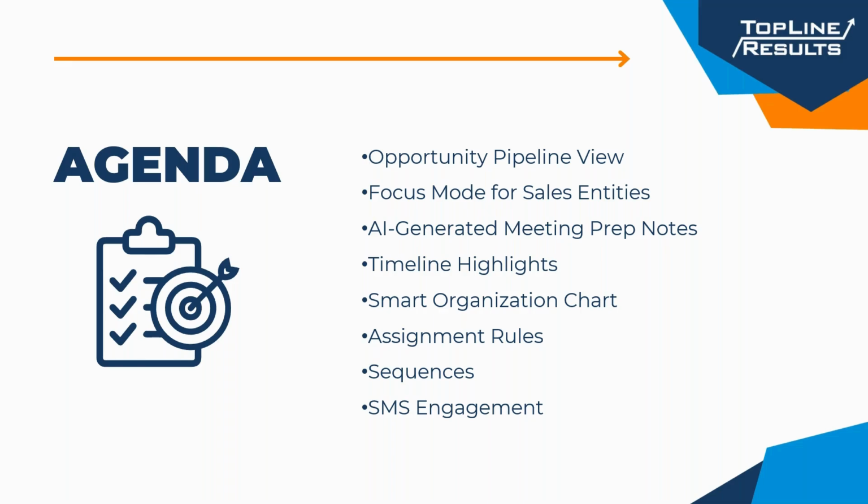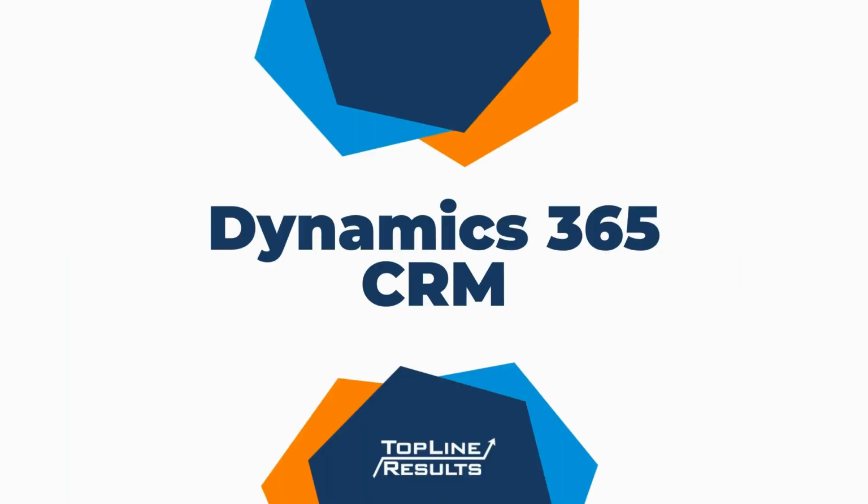We'll also be taking a look at our smart org chart that we can find on either our accounts or contacts, as well as some features of Sales Accelerator / Sales Insight, including assignment rules and sequences. Finally, we'll just be going a bit over SMS Engagement, which is sort of integrated texting in Dynamics. For now though, let's jump into some of the features of Dynamics.